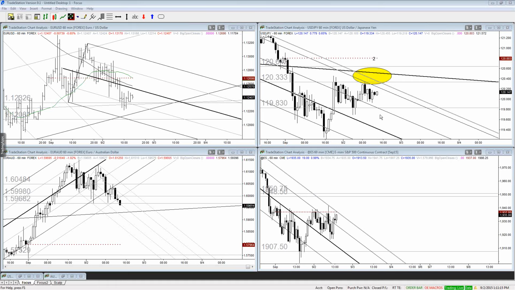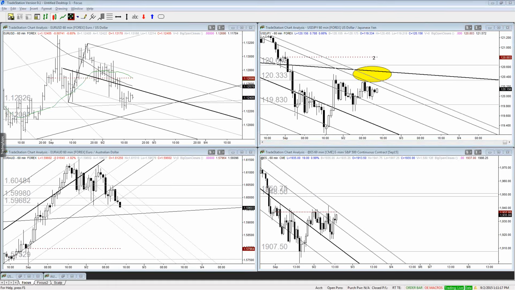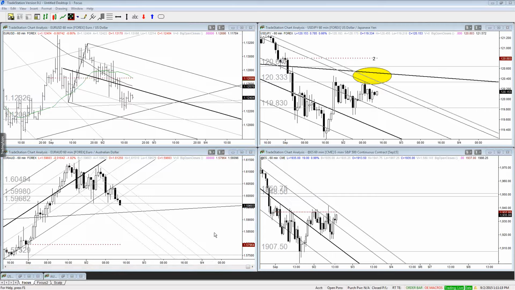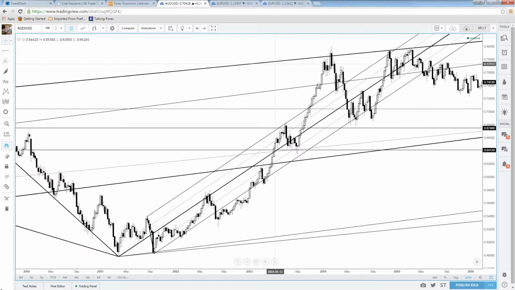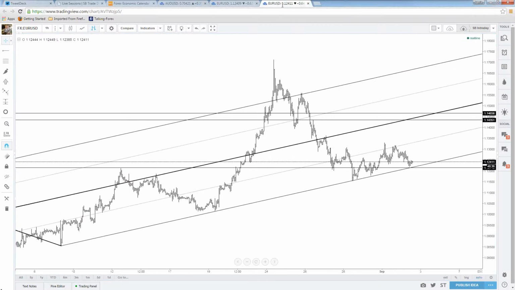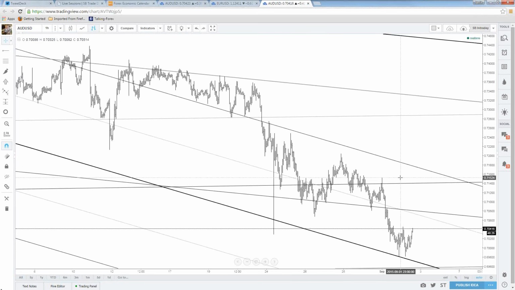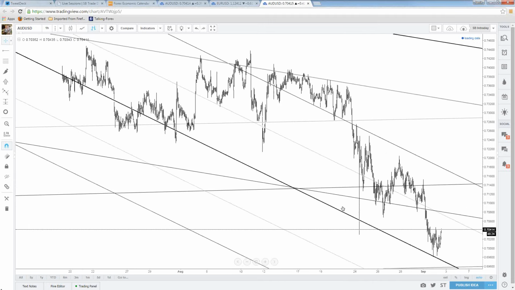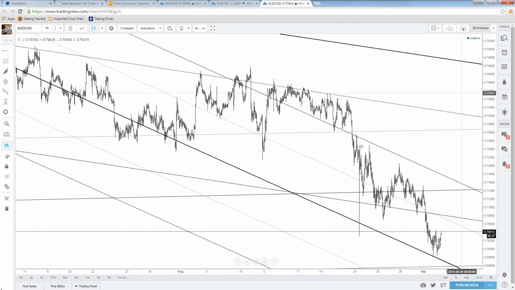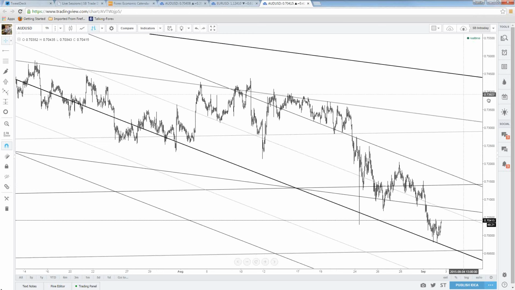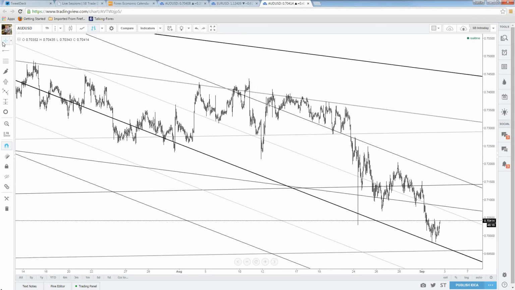And speaking of which, there were two charts that I totally forgot to show you guys. That was Aussie dollar and Kiwi dollar. So besides the fact that we have that really long-term slope in Aussie, check this out. This is kind of fun. So talk about extensions of ranges, right?